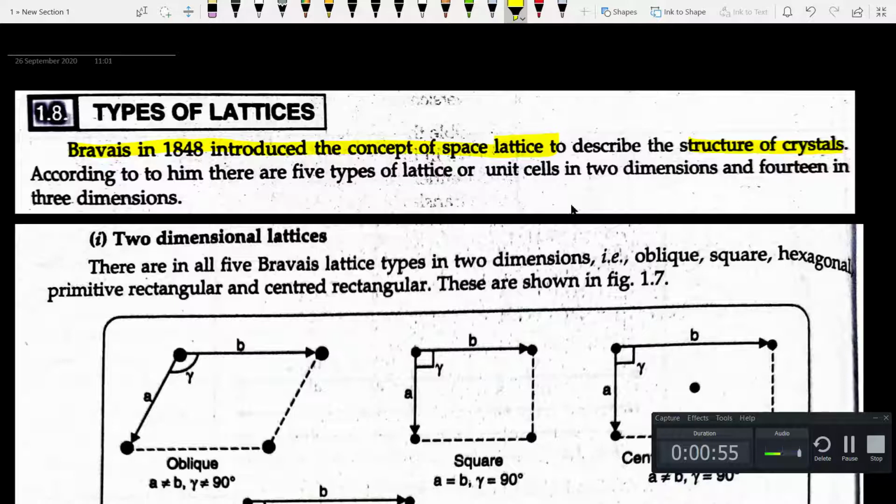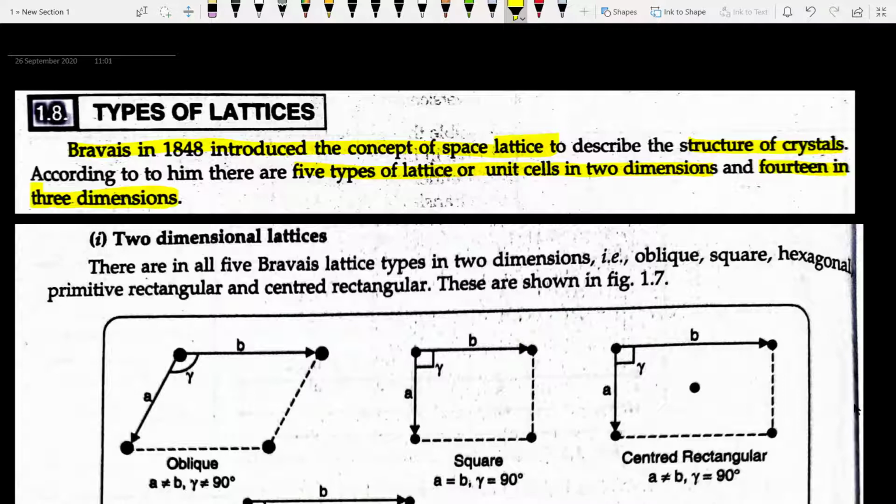According to him, in two dimensions there are five types of standard lattices and 14 types of lattices in three dimensions. So in the present lecture we will study in detail the two-dimensional five types of lattices and the three-dimensional 14 types of lattices.